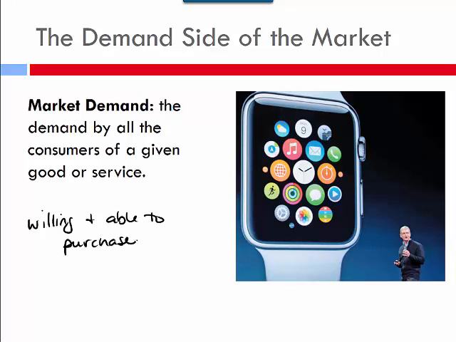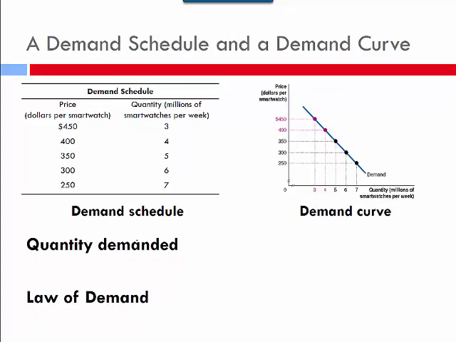If you're not both of those, you're not part of the demand for a product. So I might be willing to buy a Porsche, but I am not able to buy a Porsche, so therefore I'm not part of the demand for it. So when we talk about demand, we talk about the people that are both willing and able to purchase the product.